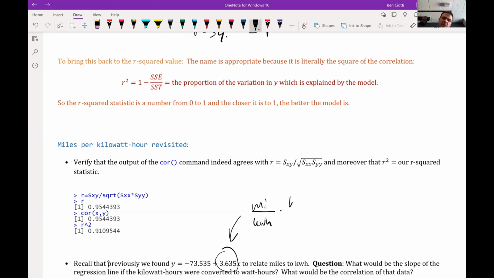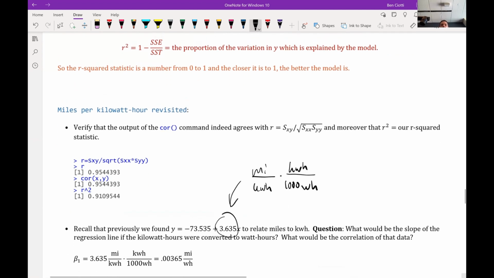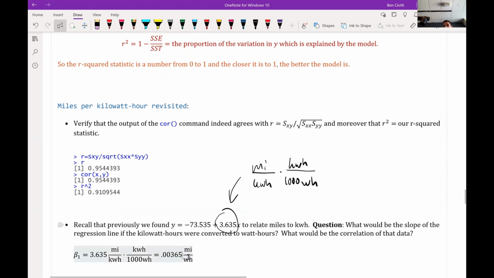So I want to convert kilowatt hours to watt hours. Yeah. Oh, good. Yes, which does mean divided by 1,000. Cool. Yeah. So the new slope would be 0.00365 miles per watt hour. That's how the slope of the regression line would change.